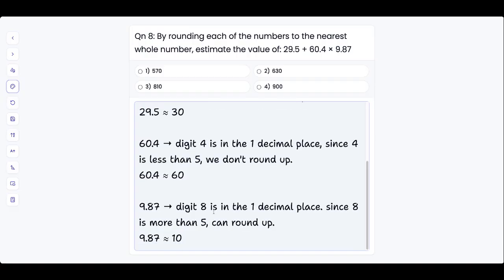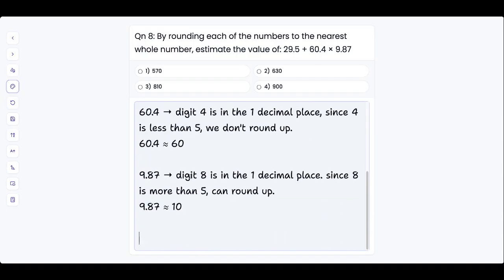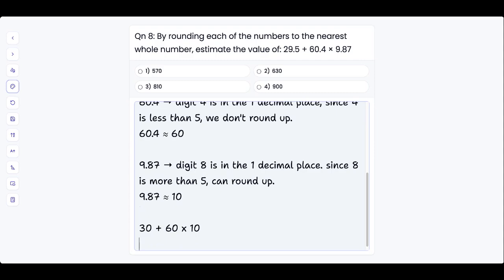So now we have 30 plus 60 times 10. Order of operations, we multiply first.